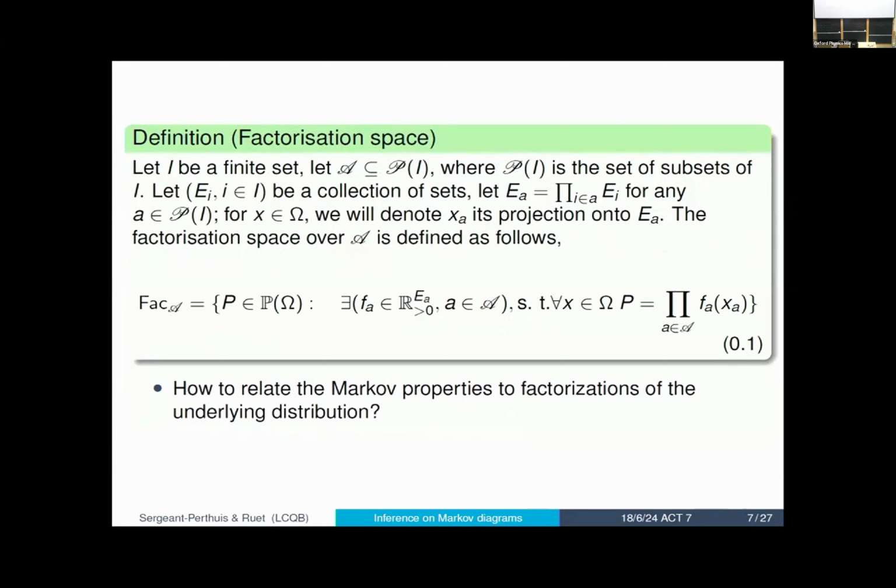For each one, you have a term which corresponds to, let's say, a local distribution, and P is the product of all of these. So we say that we have a factorization model with respect to a poset, inside the power set of I, if the distribution can be factored this way. There exists a collection of F_A such that it factors this way.